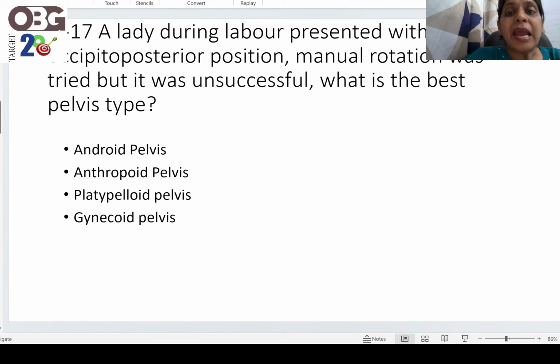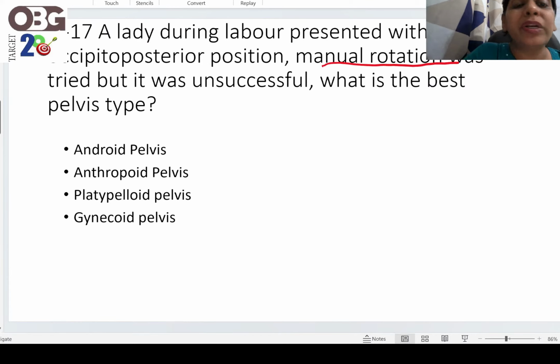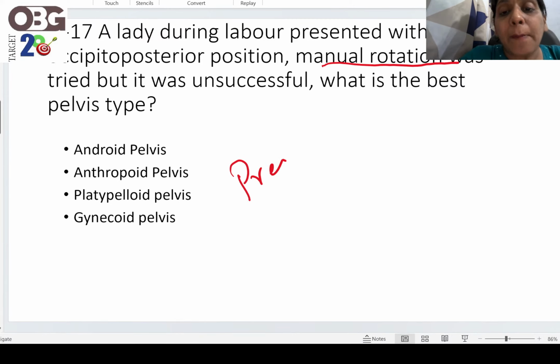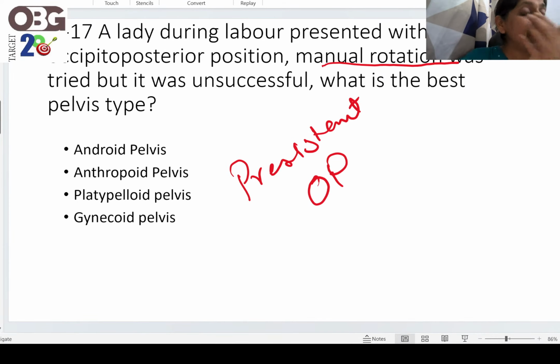Okay? A lady during labor presented with occipito-posterior position. Manual rotation was tried, but it was unsuccessful. What is the pelvis type? It says manual rotation did not succeed. So what is this question asking? This question is asking about persistent occipito-posterior. If it does not correct even on manual rotation, it means the question is persistent occipito-posterior, right?